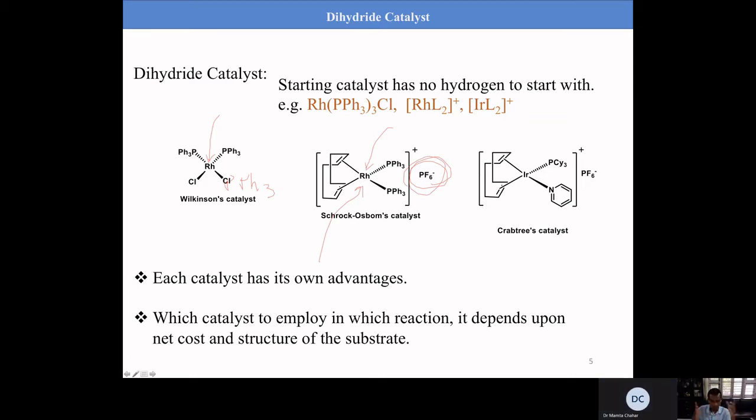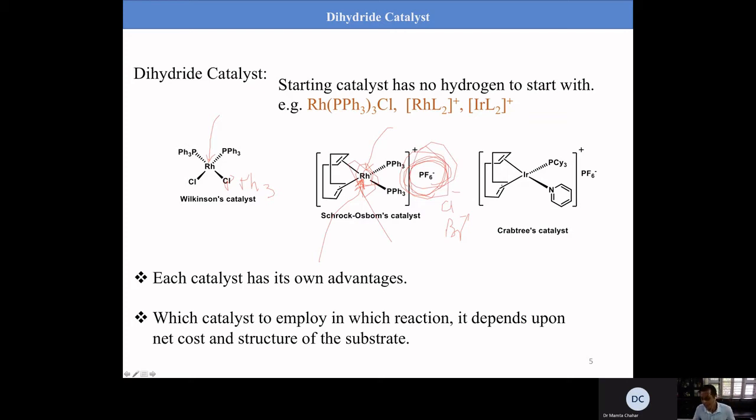PF6 will make it soluble in, let's say, acetonitrile or methanol, this sort of thing. And more importantly, this is a non-coordinating one. We don't take a chloride or bromide or other coordinating anion, which will add at the rhodium center directly. We don't want to add at the rhodium. We want a counter anion, and that's why PF6 is taken.